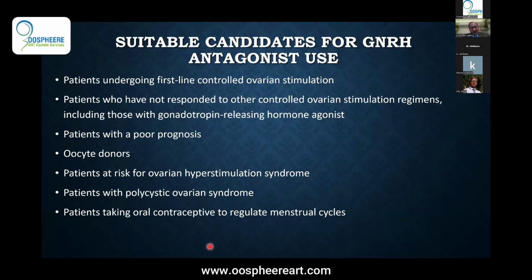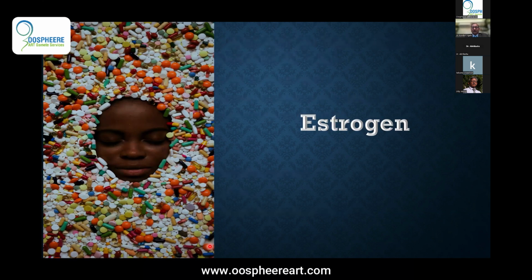For patients at risk for ovarian hyperstimulation syndrome, where we know that in a previous stimulation she gave more than 20-25 oocytes and landed in OHSS, please, in such a patient, antagonist should be the first choice. Patients with PCO, again, the risk of OHSS is there. Patients taking oral contraceptives to regulate the menstrual cycle, GnRH antagonist.